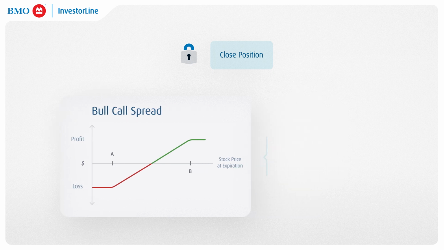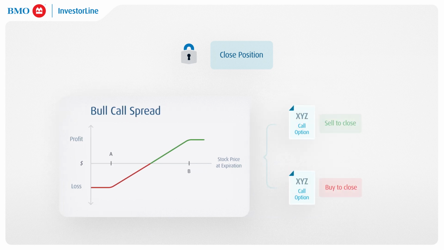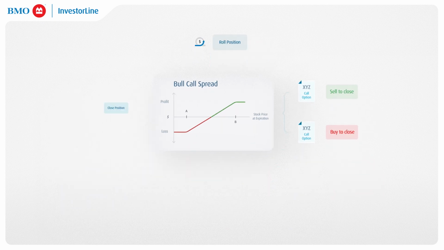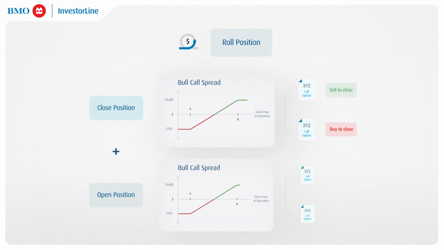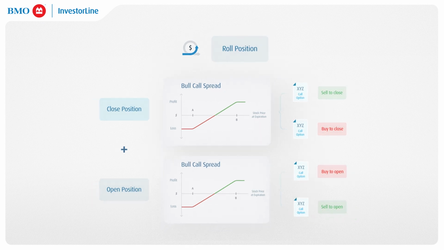A "sell to close" option order would close out your existing position and remove any further exposure. However, you could also roll a position, where you're simultaneously closing your existing option contract while opening a new contract in one order. With a roll, you're simply shifting your exposure from the existing contract to a new one. This could be for a different strike price and/or expiration date.